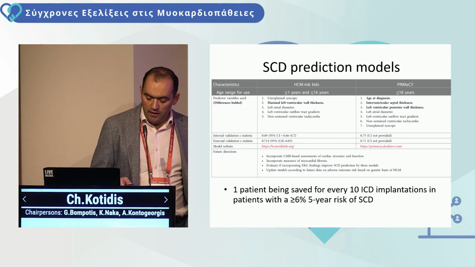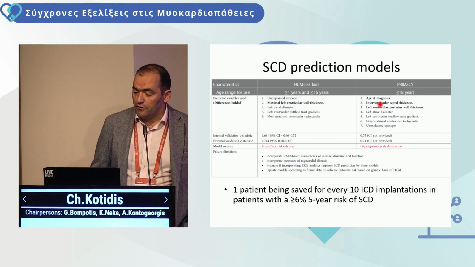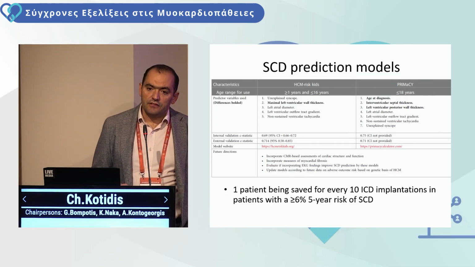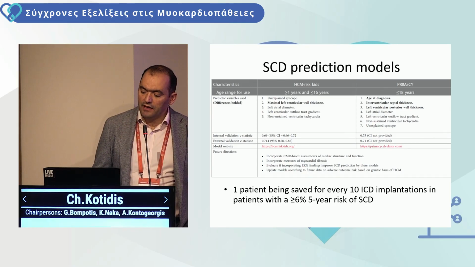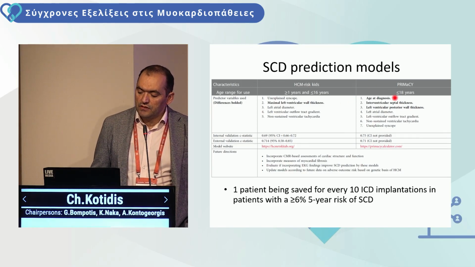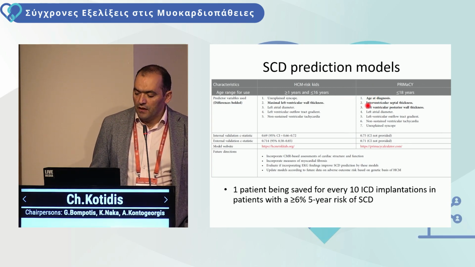So, apart from the European group, the North American group has also devised a prediction model. Mainly, the main difference between the two is the age of diagnosis, and this is non-linear in their prediction model.